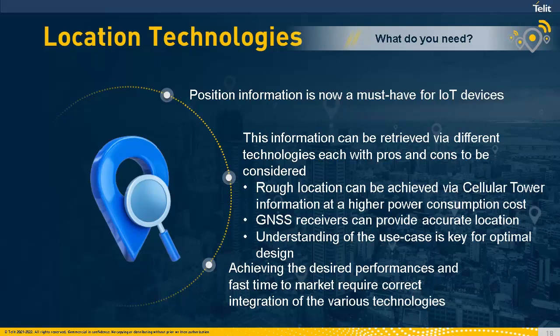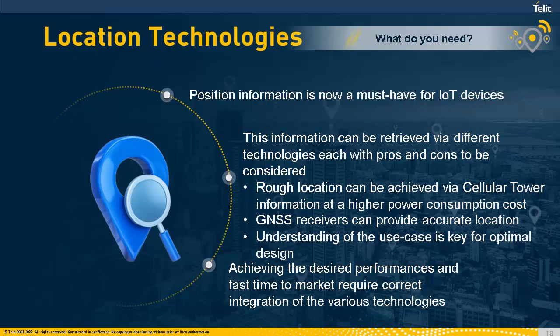All these services are, of course, dependent on the location. So obtaining the device position is a must-have for the majority of IoT applications, and that can be achieved via different technologies with, of course, different levels of accuracy.